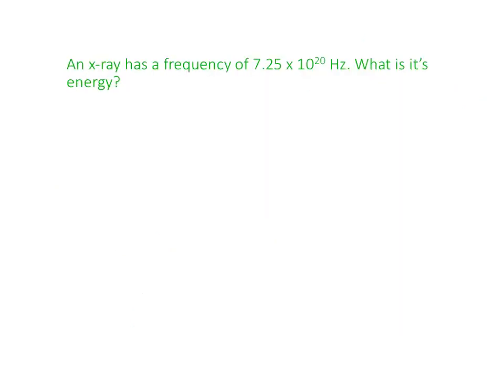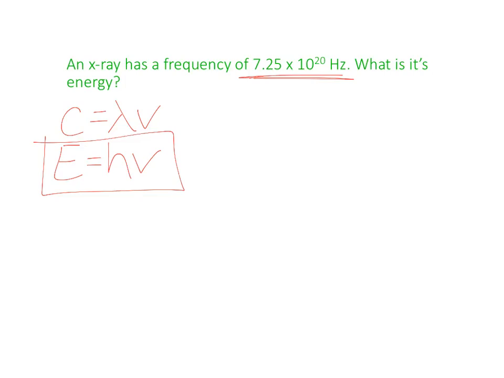All right, so this one, we have an X-ray that has a frequency of this. What is its energy? So again, you have two equations. Okay, all right, so we already know the frequency, which is our V, and we know our H, so we can go straight to this second equation.